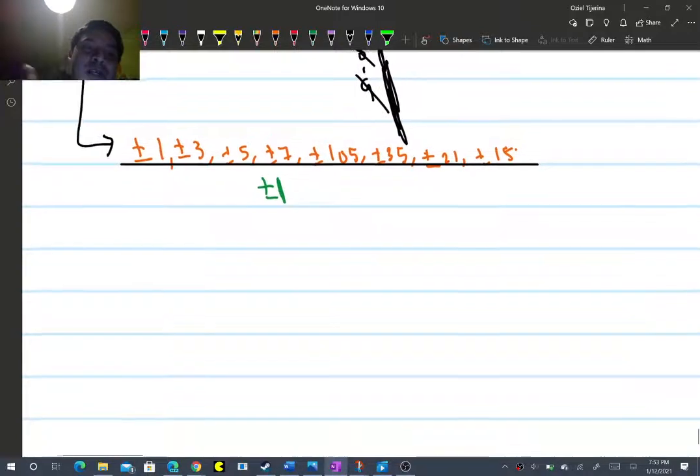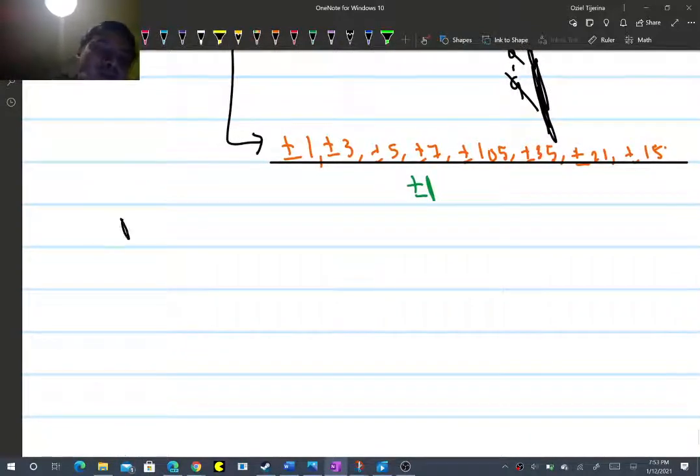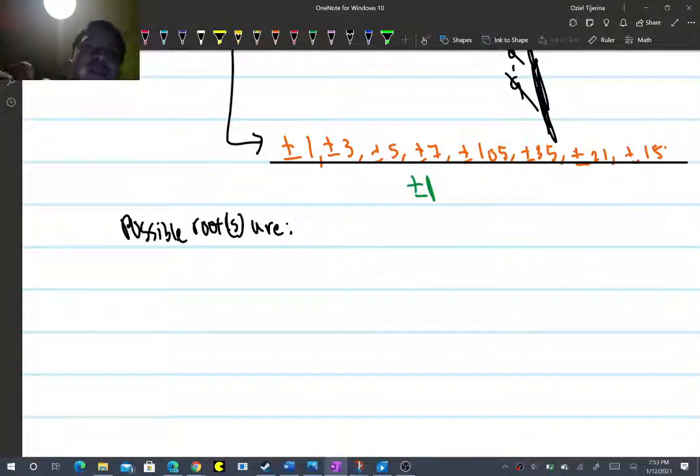What you would say is that the possible roots are the following: plus or minus 1 divided by 1, and then plus or minus 3.